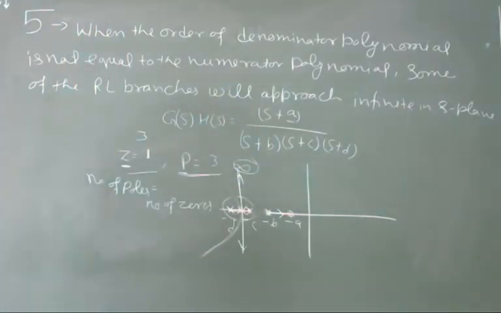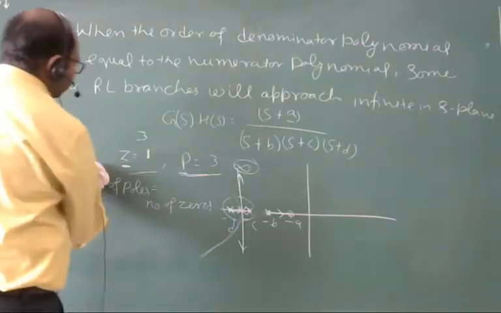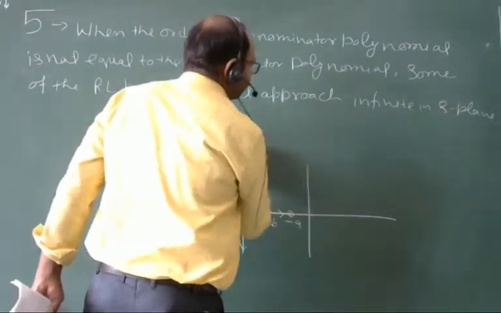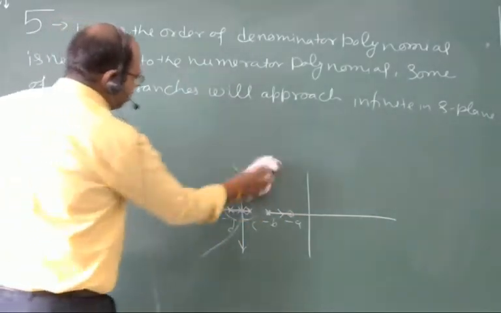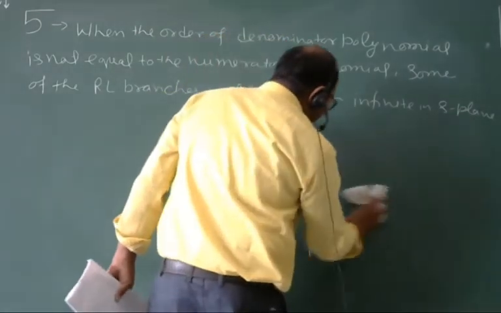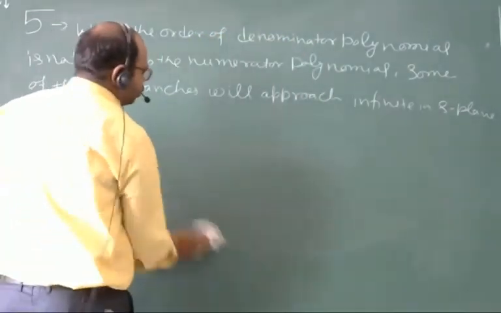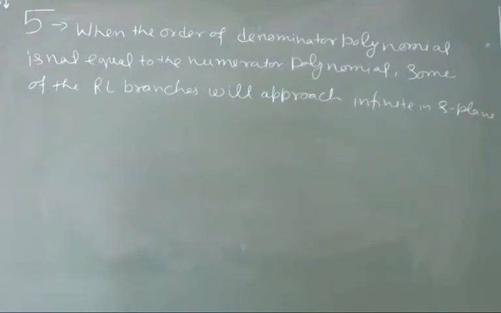Other 2 zeros will be at infinity, right? Similarly, if we have zeros more than poles, then the remaining poles will be situated at infinity. Remaining poles will be situated at infinity, right?